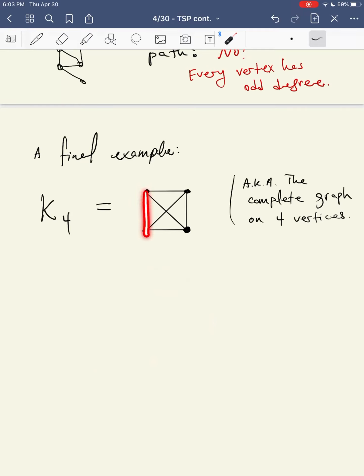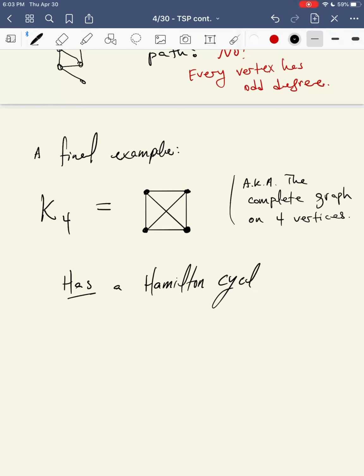So here, that cycle corresponds to this. I'll say it has a Hamilton cycle. I'll just draw it in.